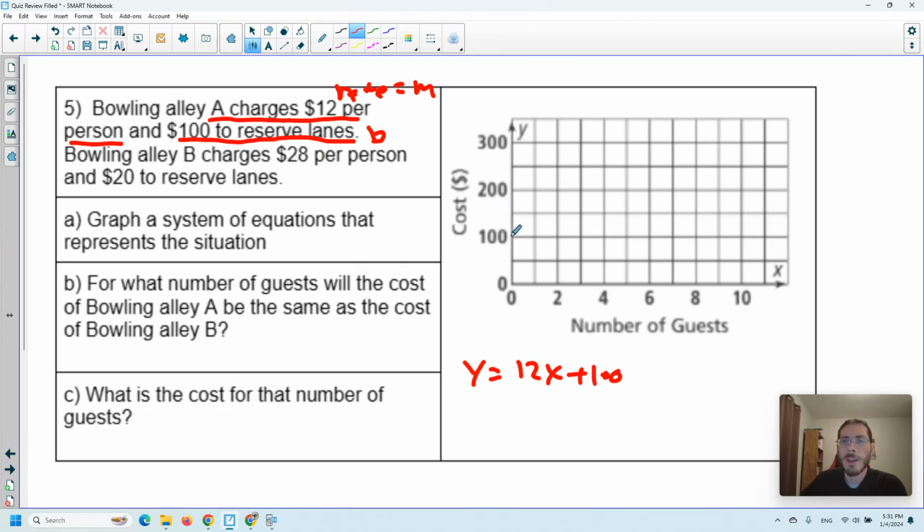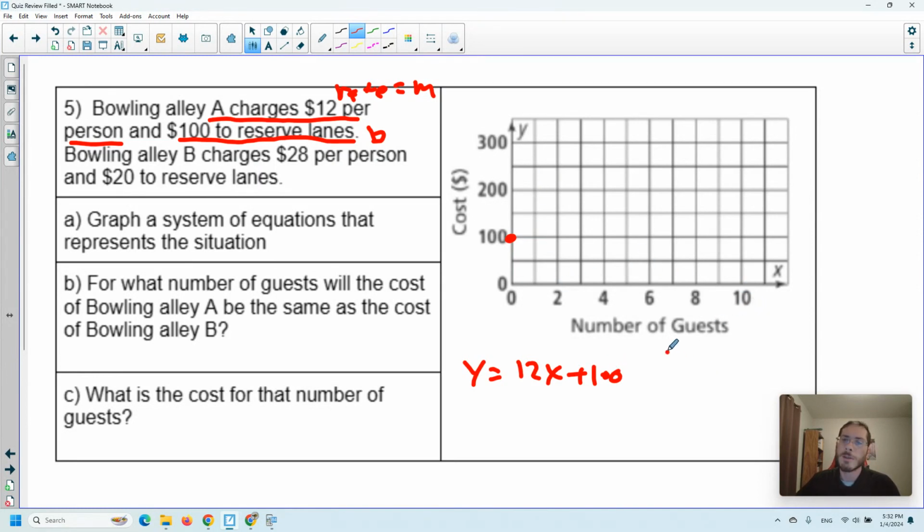So I may as well graph that now. So I know I've got 100. Now this is a little hard to graph because I have to go up by 12 if I go over 1. And that's kind of hard to do on this graph because it's by 50s. So it wouldn't make too much sense to go 1, 12, 2, 24. So I think I'm going to pick some nice easy points. So I'm going to think what happens at 10. 10 seems like a good one because then that's going to give me kind of a big difference.